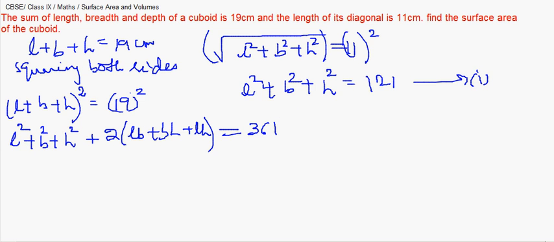We substitute L square plus B square plus H square from the first equation, which is given to be 121.